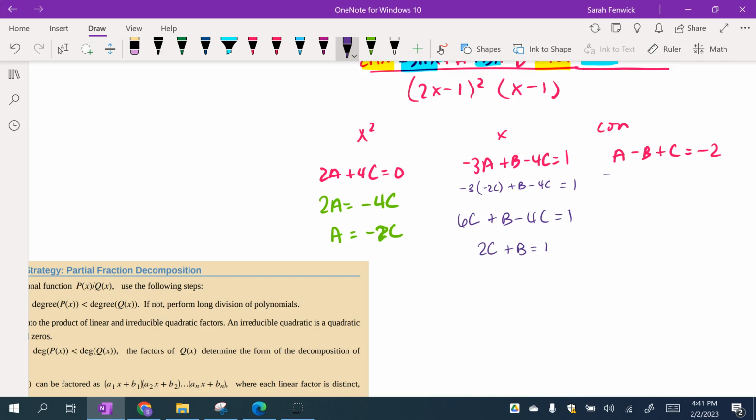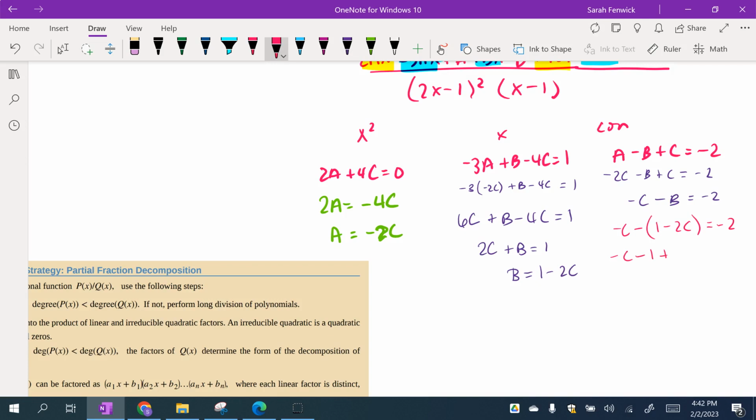Over here, if I put in negative 2c, I get negative c minus b equals negative 2. So either one of these I could solve for b, or I could solve for c and plug into the other. I'm going to go right here and say b equals 1 minus 2c. So negative c minus 1 minus 2c is negative 2.